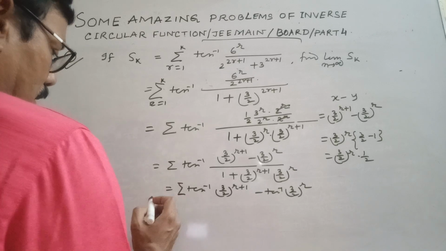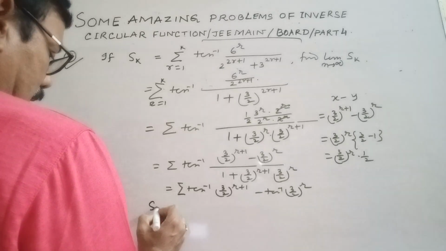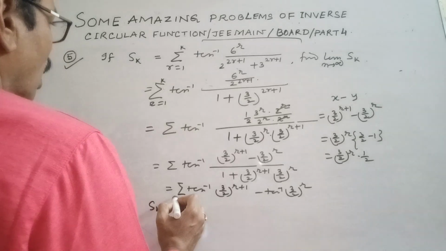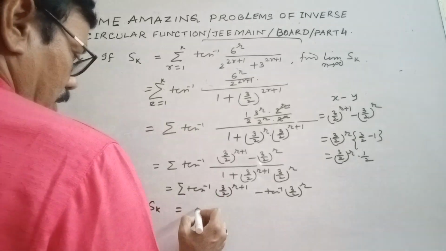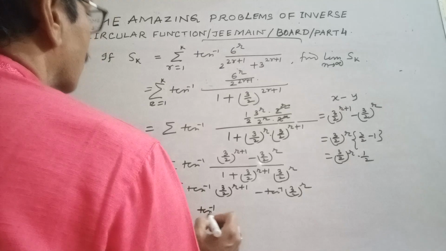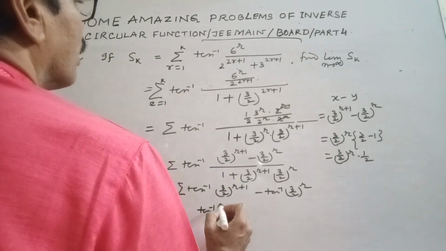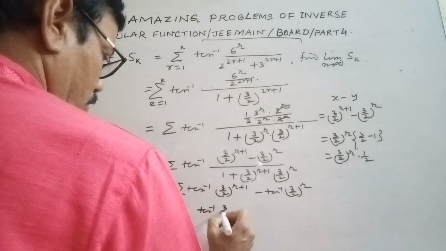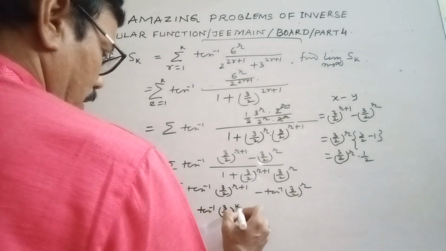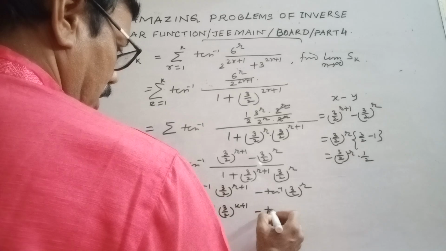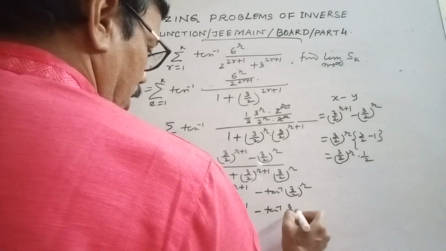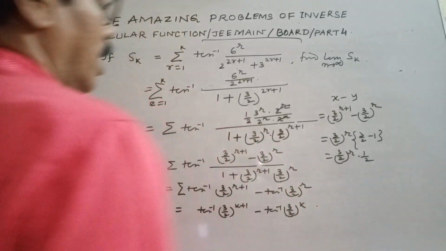Now what is Sk? So put r equals k. So Sk equals tan inverse (3 by 2) whole to the power k plus 1 minus tan inverse (3 by 2) whole to the power k.